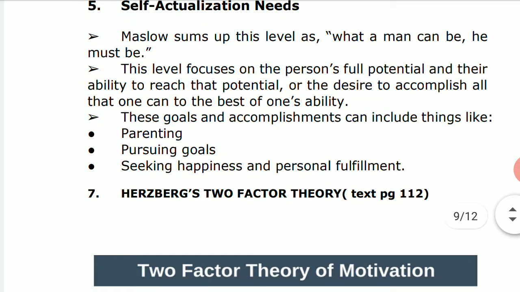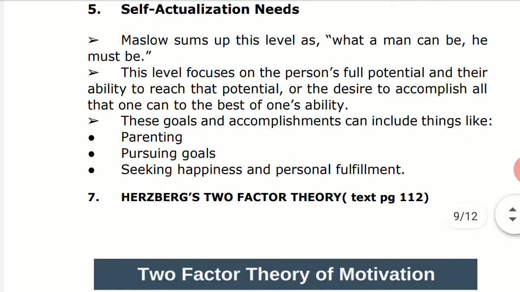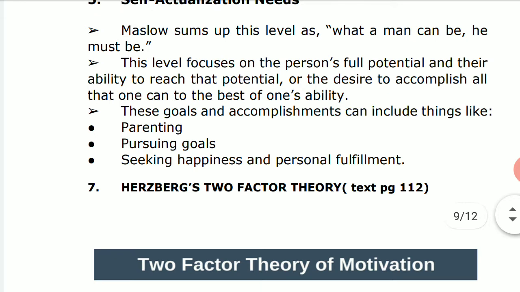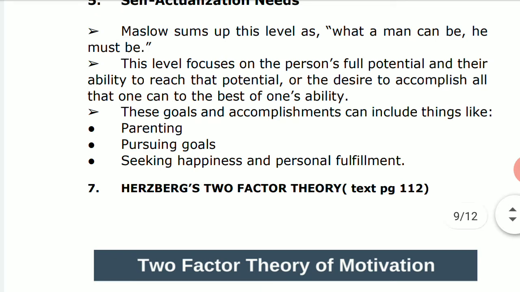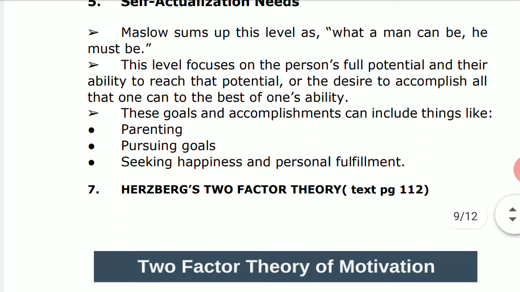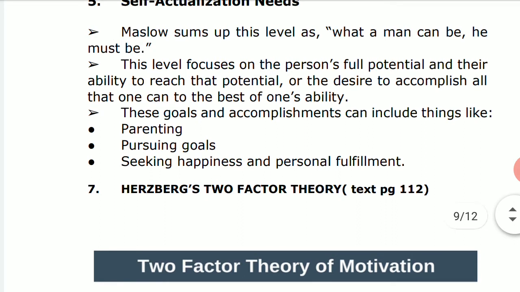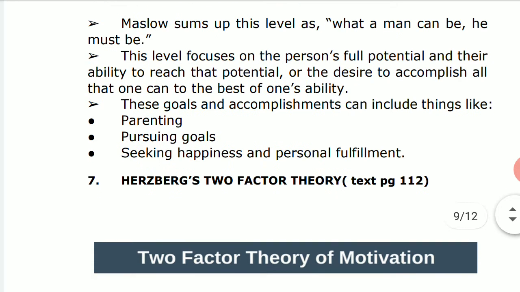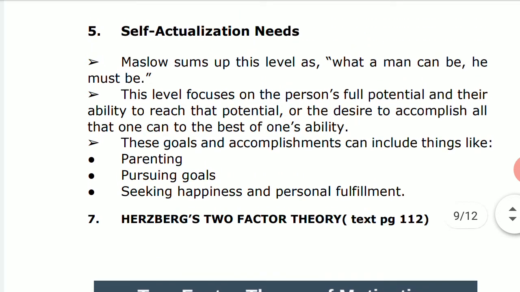This level focuses on a person's full potential and their ability to reach that potential, or the desire to accomplish all that one can do to the best of one's ability. The level of need where a person can do their best with their ability and feels satisfied is known as the self-actualization need. These goals and accomplishments can include parenting, pursuing goals, seeking happiness and personal fulfillment.